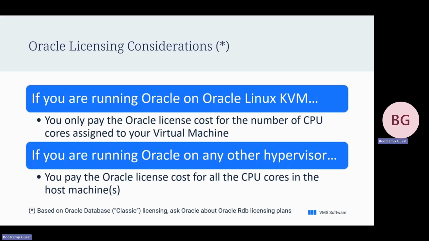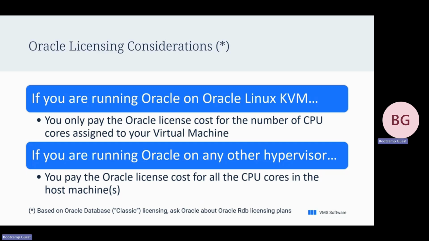Unless you're running our hypervisor, in that case, if you enable the option to tie the cores in the virtual machine to specific cores on the host, then you are allowed to buy a license only for those 8 cores that you have in your virtual machine.